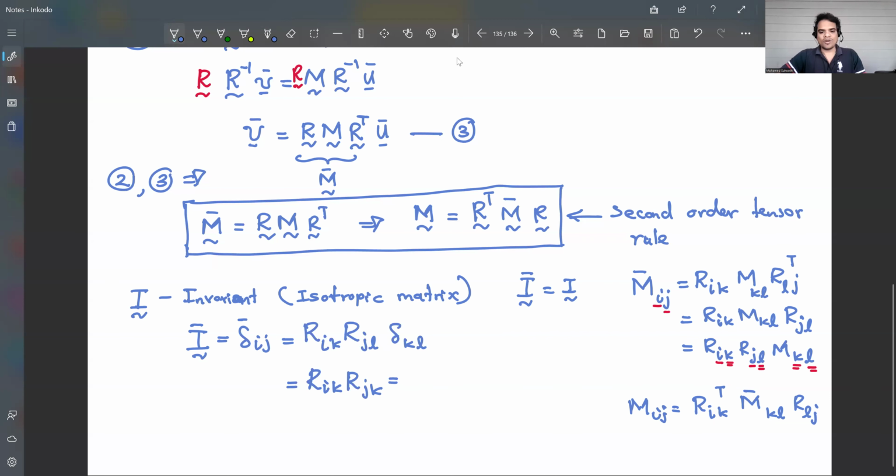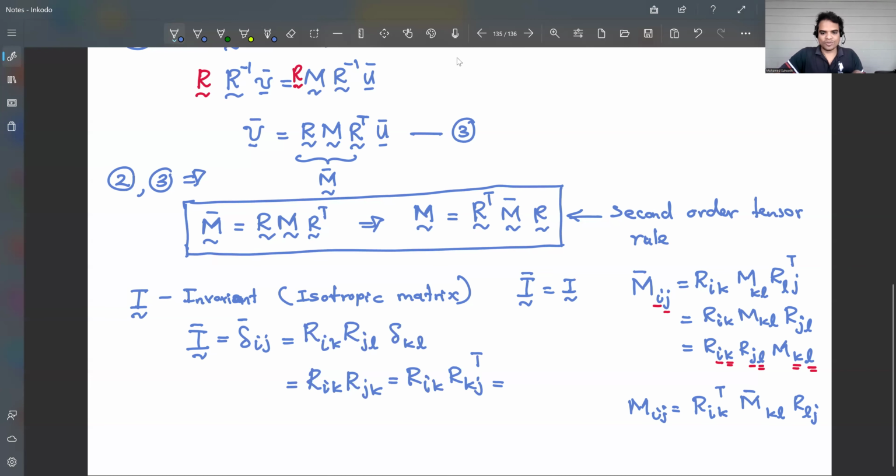Now, again, what is this one? It is matrix multiplication, right? R I K, R J K, but you have to transpose, right? Because it is not following the matrix multiplication rule: the last index and first index must be the same. R I K, this will be K J transpose, right?